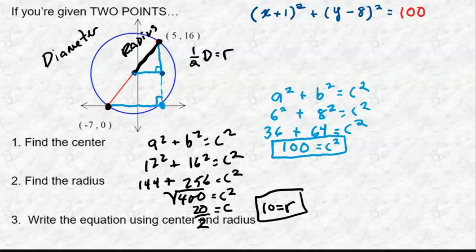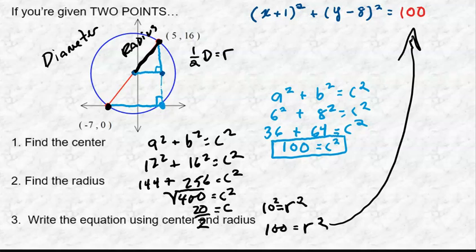Then you have to square the radius to create the 100, which is the radius squared, which you see here. Is it a big deal if you find the diameter instead of the radius? No. You just need to be aware of that step. No matter what, you still have to find the center. Okay, let's take a look at the next 2 examples, which I will do much quicker.